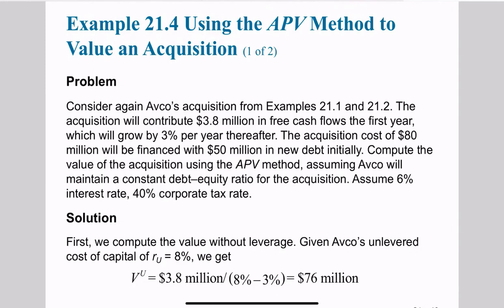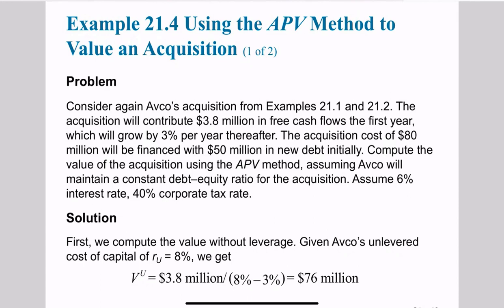The acquisition costs $80 million, and this cost will be financed with $50 million in debt. Compute the value of the acquisition. Use the APV method. And we assume Avco will maintain a constant debt equity ratio for the acquisition. Assume 6% interest rate and 40% corporate tax rate.